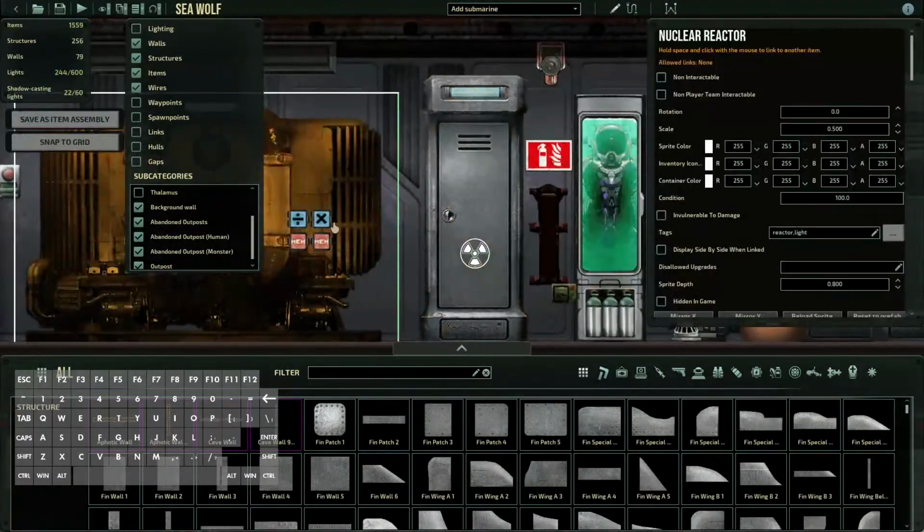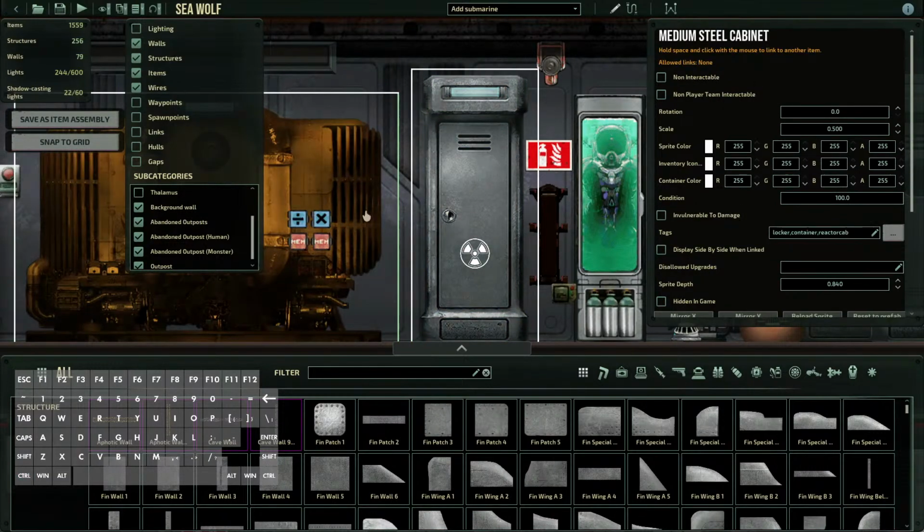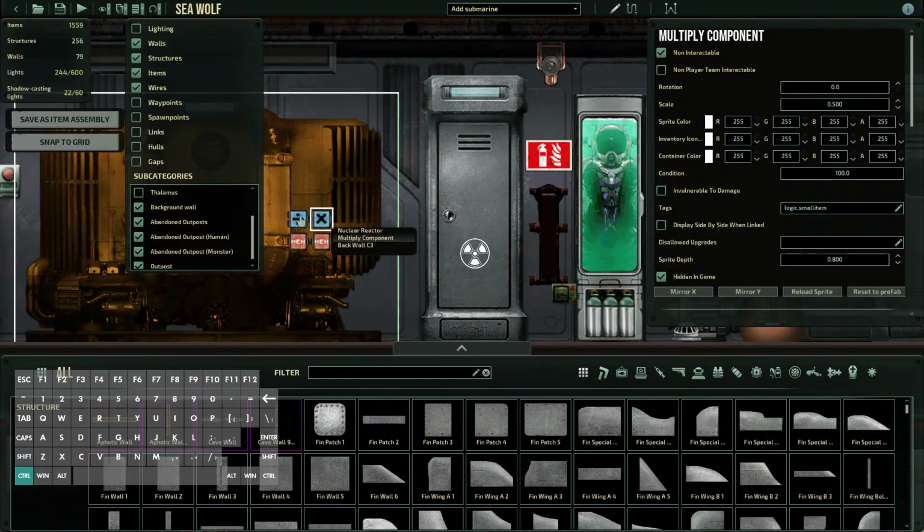Reactor controller. He's got this interesting selection of a multiplier. Divide component. We're going to turn off the nuclear reactor. Multiply. Divide. Memory. And memory.